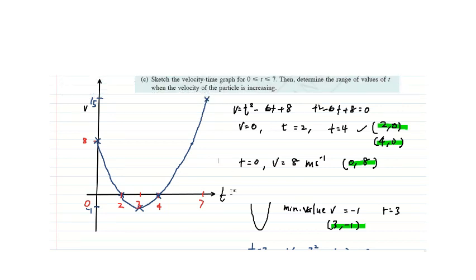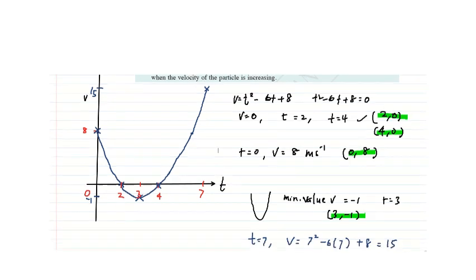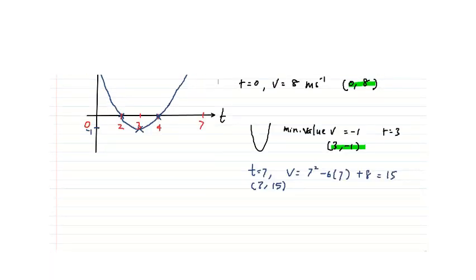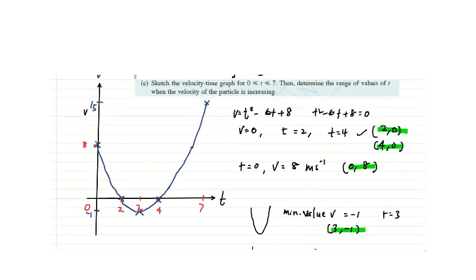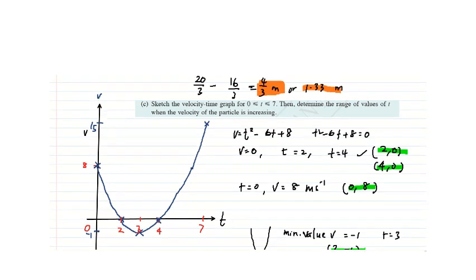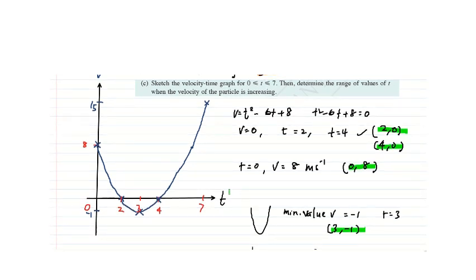And then the question asks to determine the range of values of t when velocity is increasing. What happens when velocity is increasing? Velocity is the y-axis, and you have to look at the curve of the graph carefully.